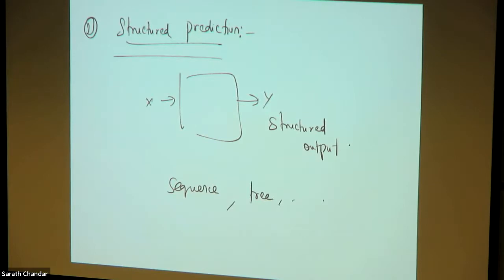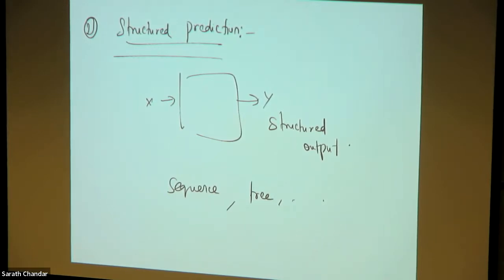So now when you are making a prediction about a sequence, you can exploit the fact that this is a sequence and improve your prediction system. Similarly, when you are predicting a tree, you can exploit the fact that you are predicting a tree. To give you some examples, let's say we want to do machine translation. Given a sequence of words in English, I want to predict the sequence of words in French.